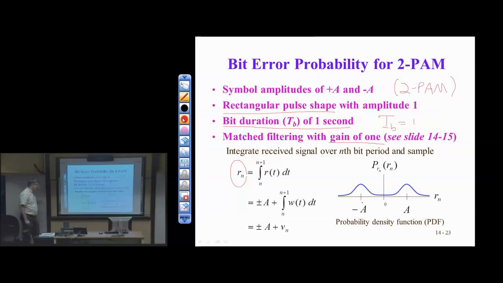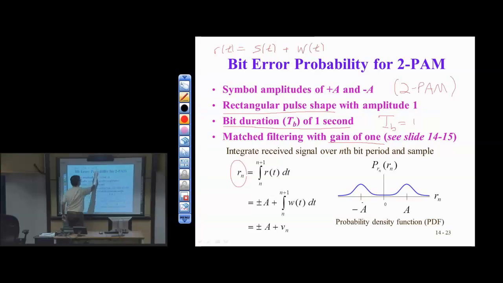If I look at what happens, what is r(t)? I'm integrating r(t) over 1 bit period. And what's r(t)? What's the received signal? It's the transmitted waveform, which is really just a pulse shape, plus noise.